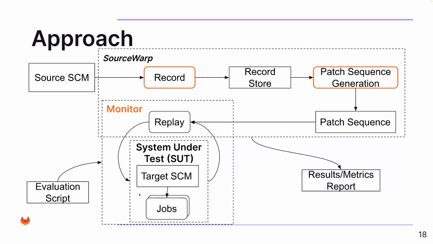In the monitor step, we can run an evaluation script to look at some of the results produced after or while replaying the patches. The results are then stored in a central place and are available in the results and metrics report produced by SourceWarp.